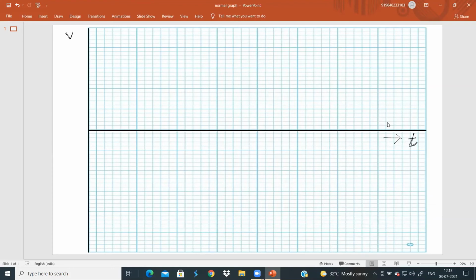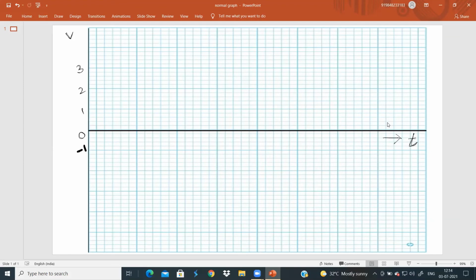Now we have to mark the divisions. So now when we notice the voltage, we have 2.2 volts. So for that I will set the scale. This is 0, 1, 2 and 3. This is enough because our maximum voltage is 2.2.